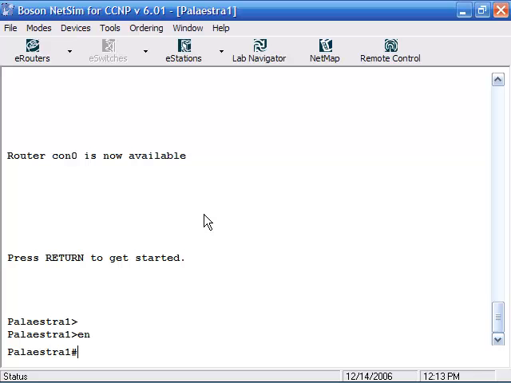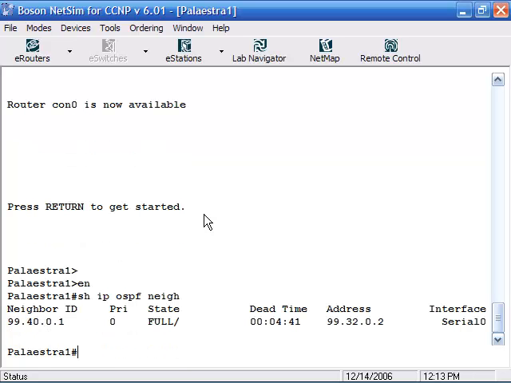So on Palestra 1, if I do a show IP OSPF neighbor, it shows me the neighbor ID 99.40.0.1. It doesn't show me the next hop address as the neighbor ID. This is the next hop address. This is the neighbor ID.